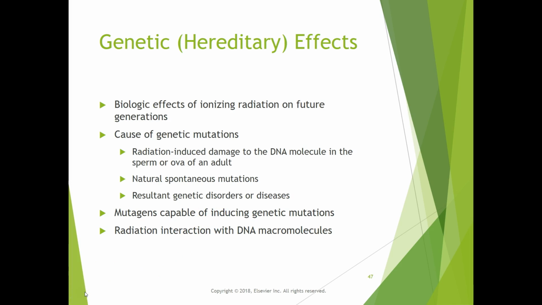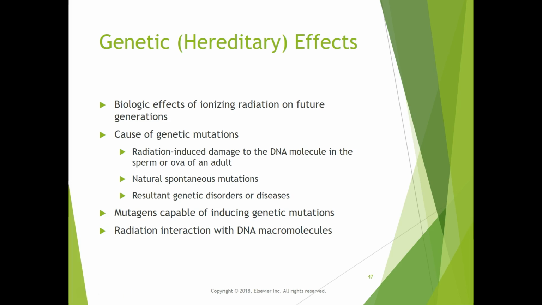Okay, biological effects of ionizing radiation on future generations are termed genetic or hereditary effects. They can occur as a result of radiation-induced damage to the DNA. Now, some damage to DNA does occur spontaneously, and that's called spontaneous mutations.